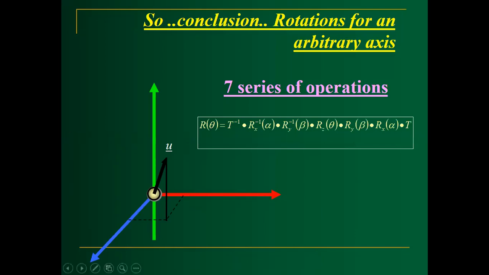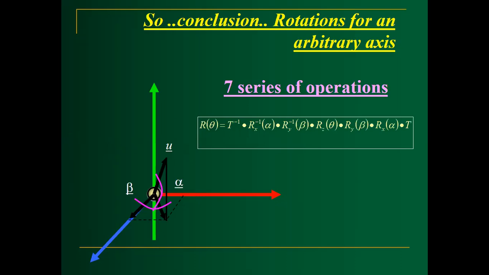Conclusion is, there is this u vector, and the first step is you need to translate it to the origin. Second step is rotate it with some alpha, that is 2a, rotating with respect to the x-axis. Next step 2b, rotate with some angle beta such that the axis now coincides with the z-axis.